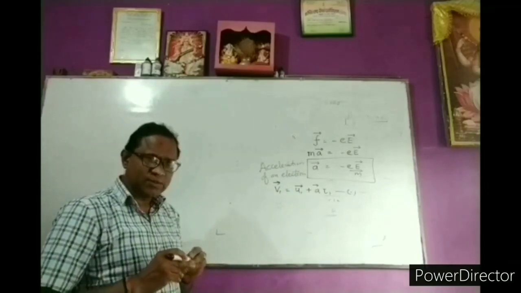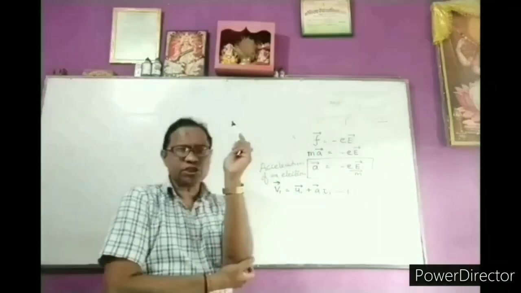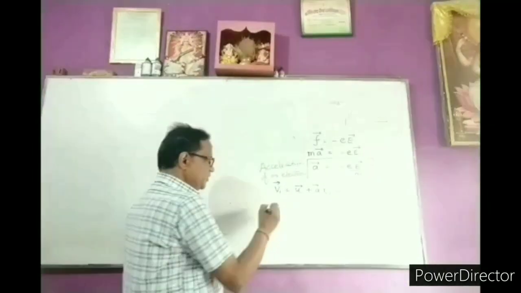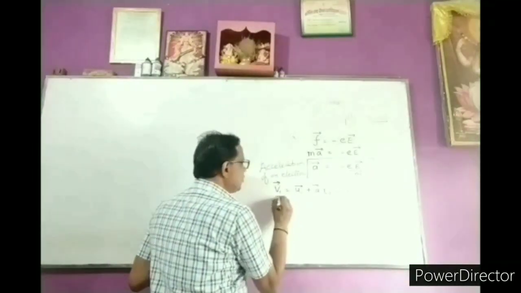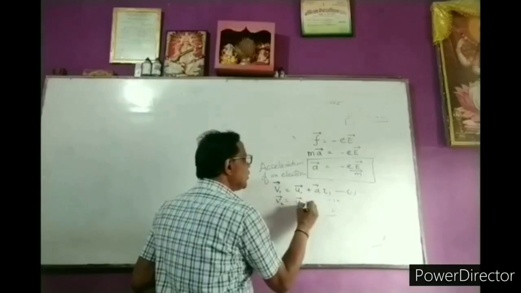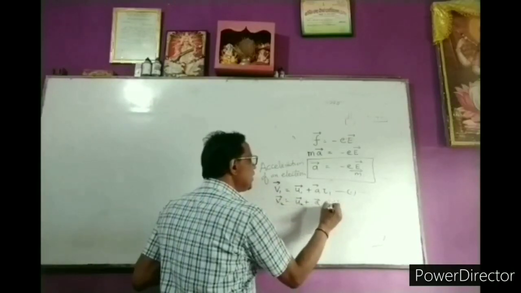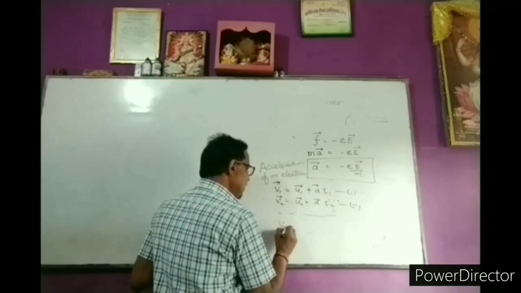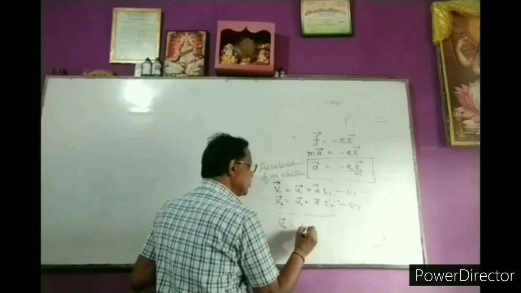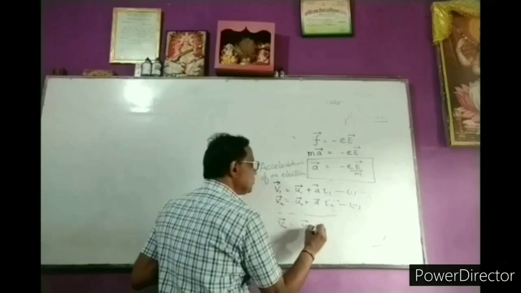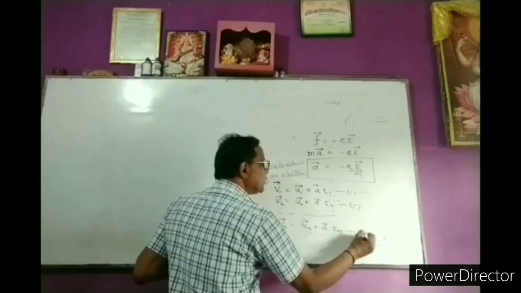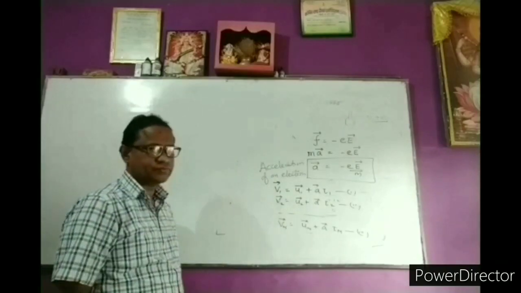Similarly, the velocities of other electrons will be v2 is equal to u2 plus a into tau 2, up to vn is equal to un plus a tau n. Clear?